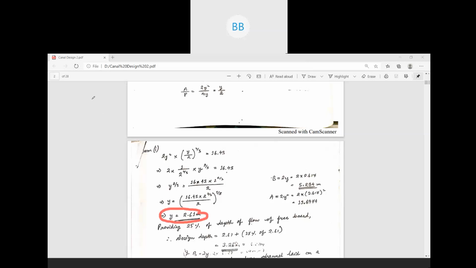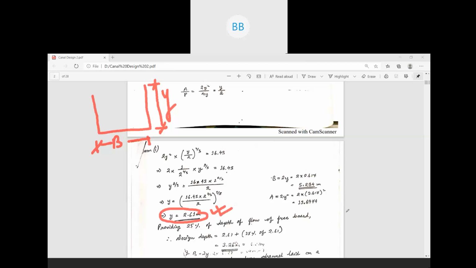Now to design that particular rectangular channel, or to construct that channel, we need the width of the channel and definitely the depth of that channel, the maximum depth. That is why we have calculated 2.61 meter.